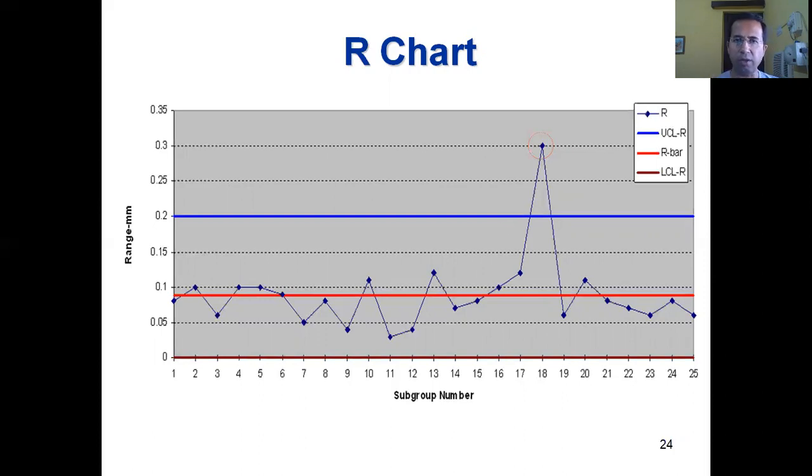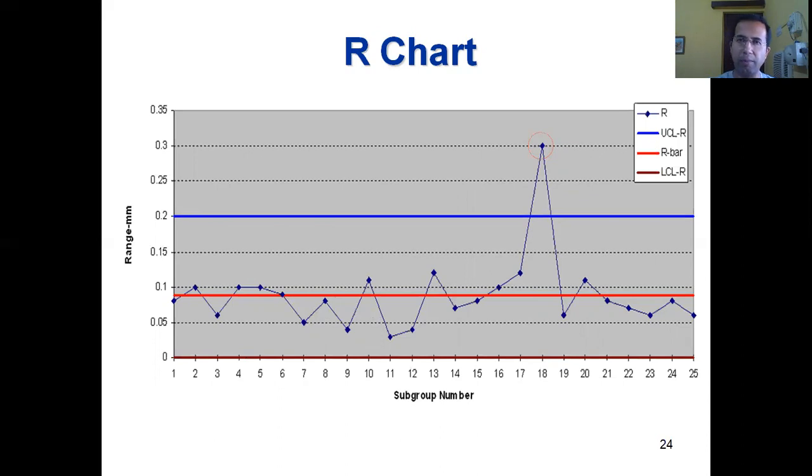Now here you can see one thing. If any point falls below the lower control limit of our chart, is it good or bad? Because the range is indicating dispersion or variation, any point falling below the lower control limit would obviously indicate that the variation is low.